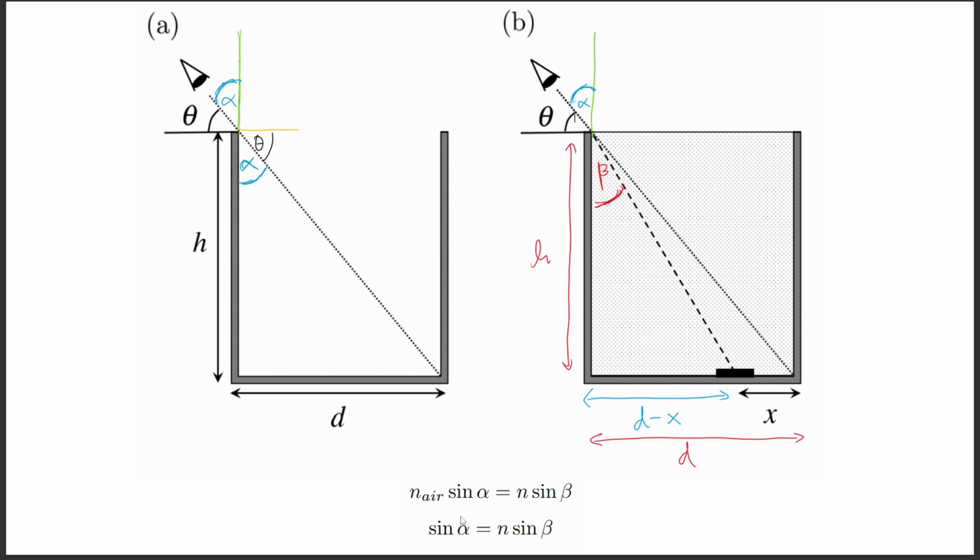And to find sine alpha, we know that sine is equal to the opposite over the hypotenuse. So the opposite of alpha, here is the same angle as here. So we can know the sine of alpha is d over the hypotenuse here, and the same goes for beta.